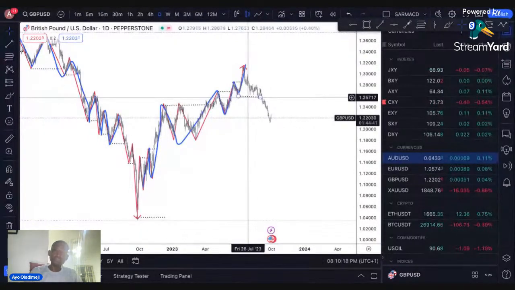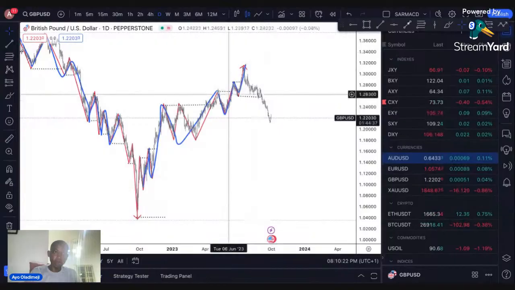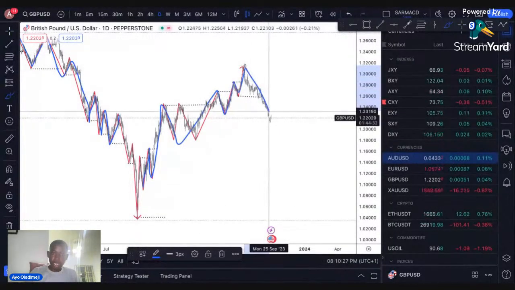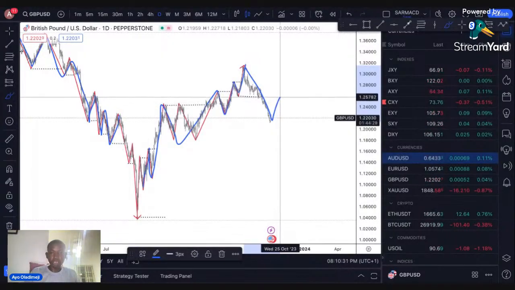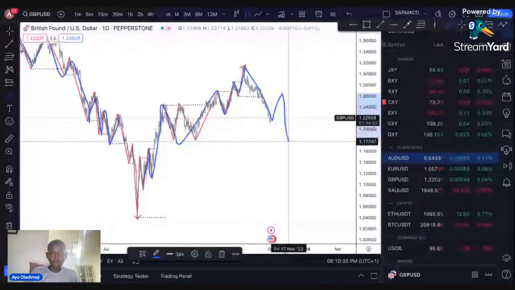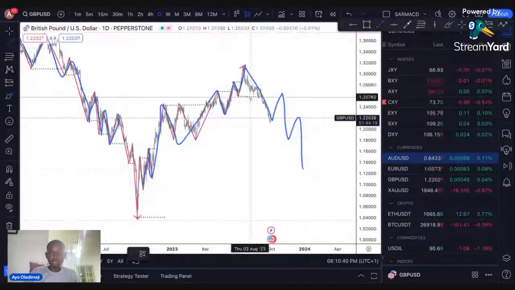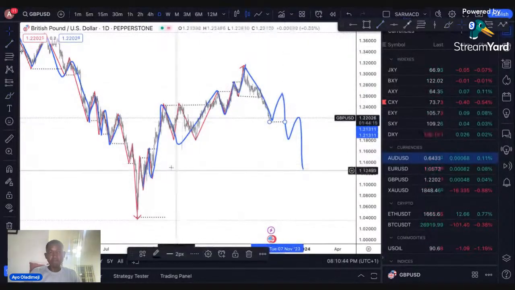So what do you do? Look at it. What should we expect? This now represents our impulse or our swing low. Then we are expecting a correction, then this low should be broken, correction, impulse again. So that is what we are expecting to see on GBP USD.